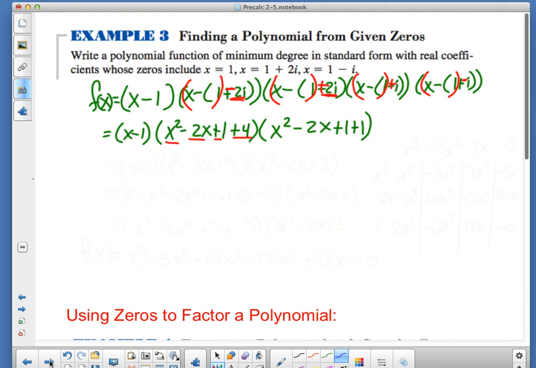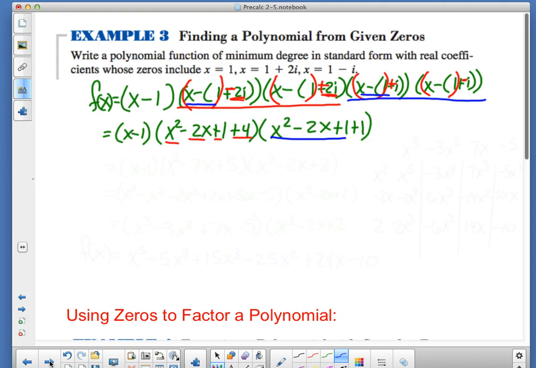Again, that covers these two. Then I look at this one. I got that x minus 1 again, and x minus 1 is x squared minus 2x plus 1. It's the same as this one was, because it's the same setup.